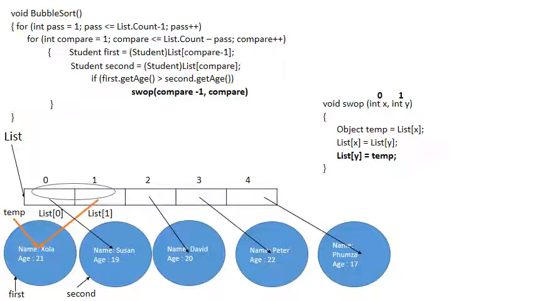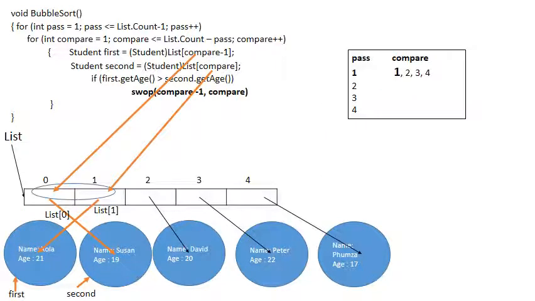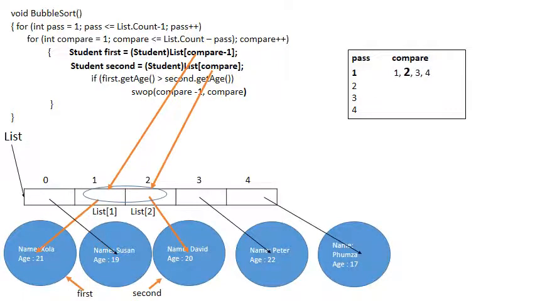It simply says list 1 must point to the same object which temp is currently pointing to. So you'll see list 1 changes to now point to Xhola. So when we return from the swap method inside the BubbleSort, list 0 now points to Susan and list 1 points to Xhola. Very important to note that the actual objects are not moving around. It's just the pointers in the array that we change.